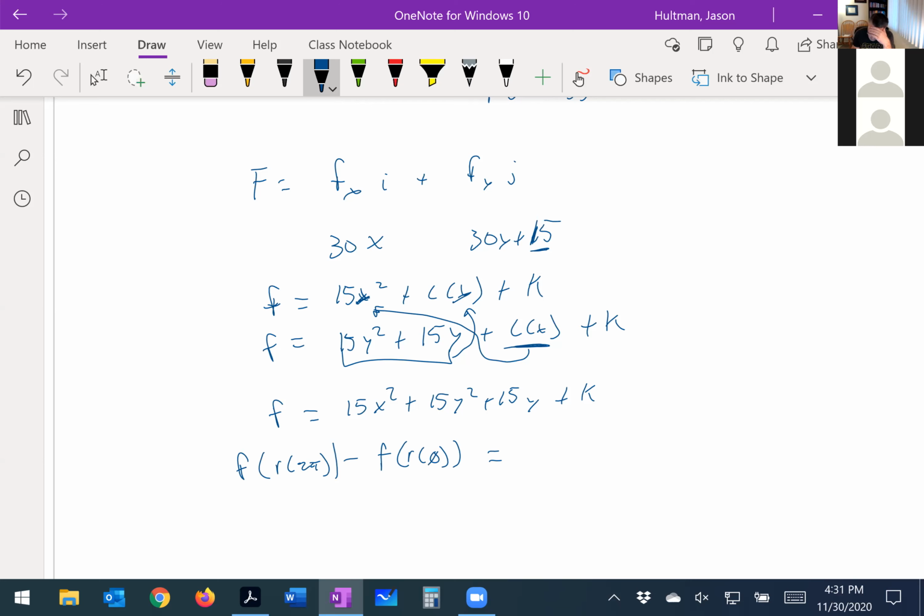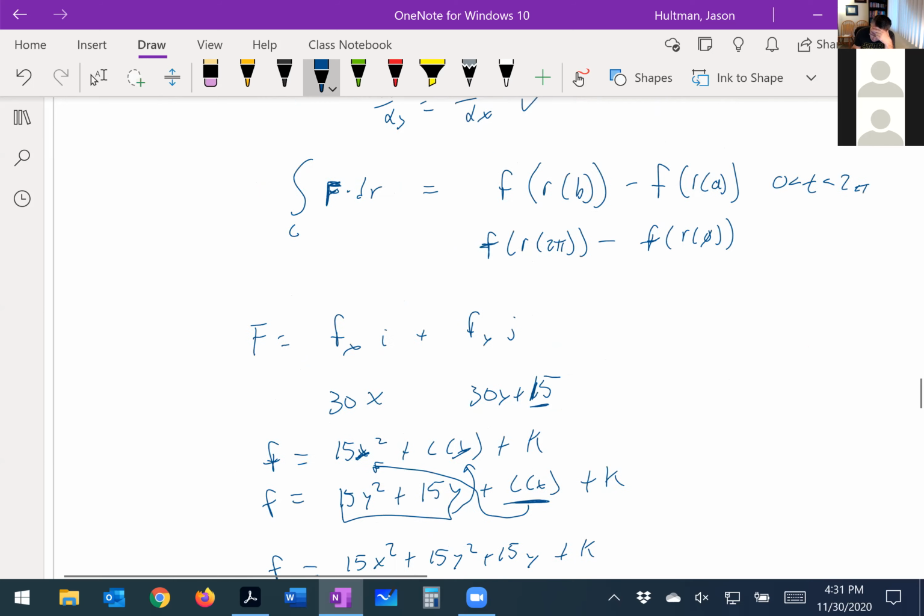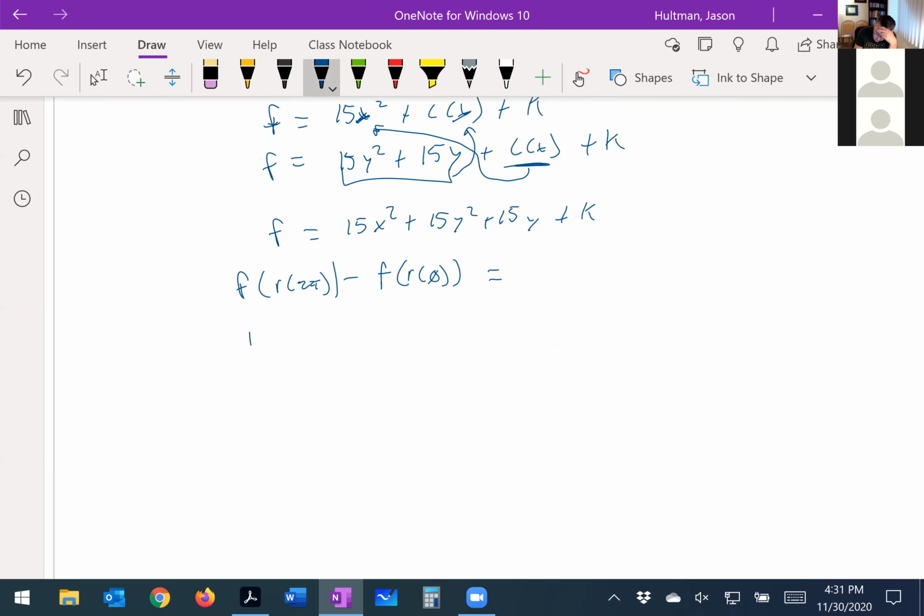So what is r of 2 pi though? Let's go back to r. r was equal to t minus sine t i plus 1 minus cosine t j, where t goes from 0 to 2 pi.